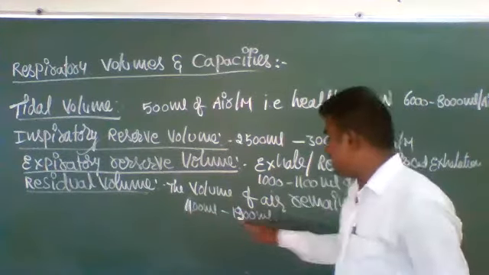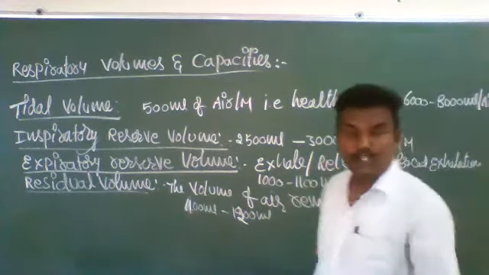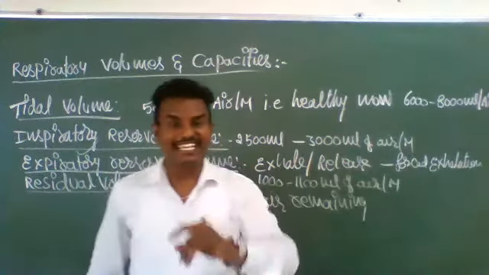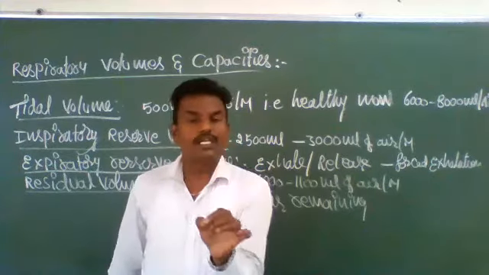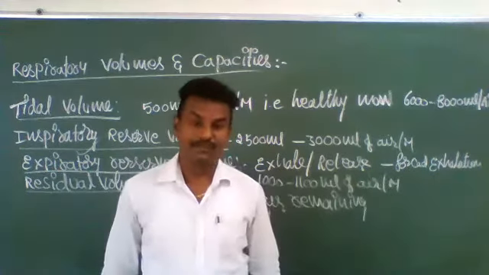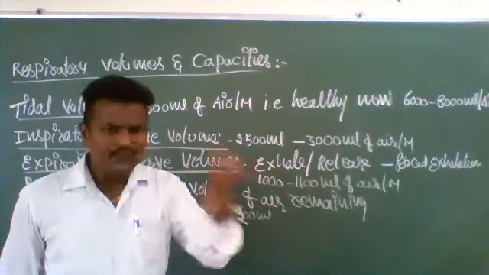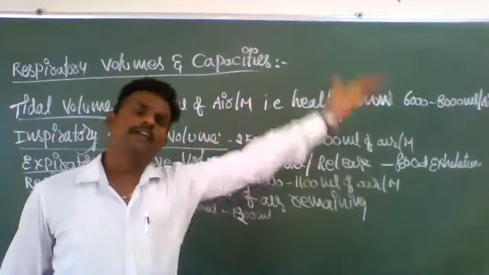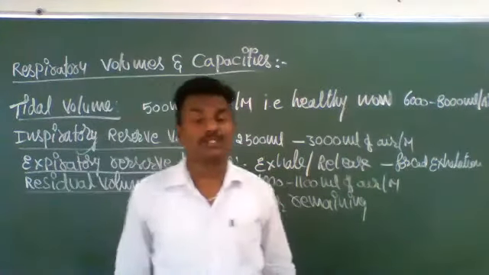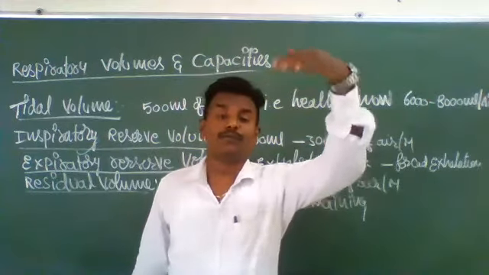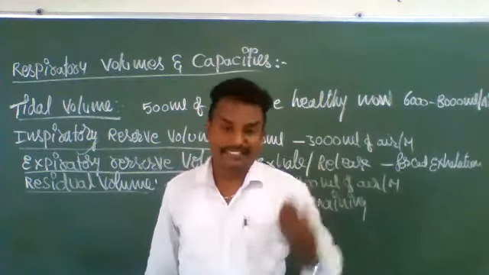It is not accurate. We cannot say numbers exactly. That's why every time I use approximately. If you see any other reference book, from one book to another, this number varies.